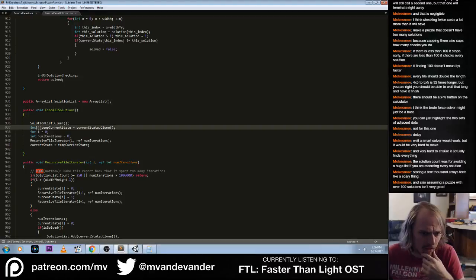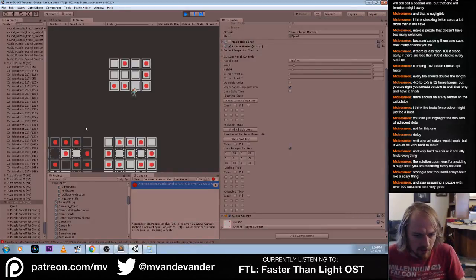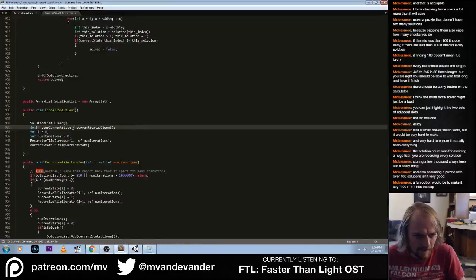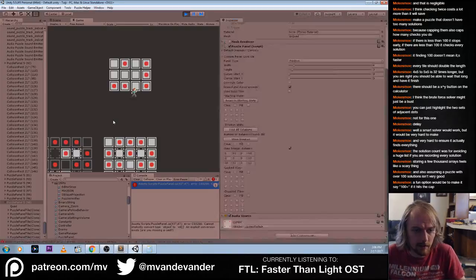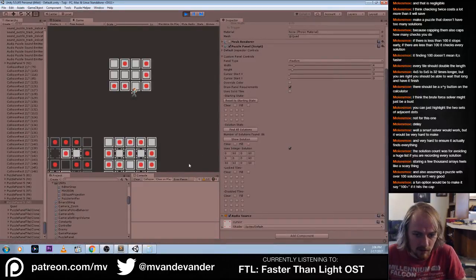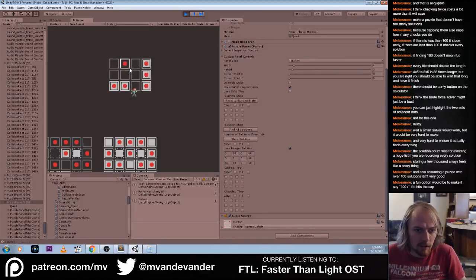What? Cannot implicitly convert object to int array. Let me just cast it as an int array. Okay, there we go.